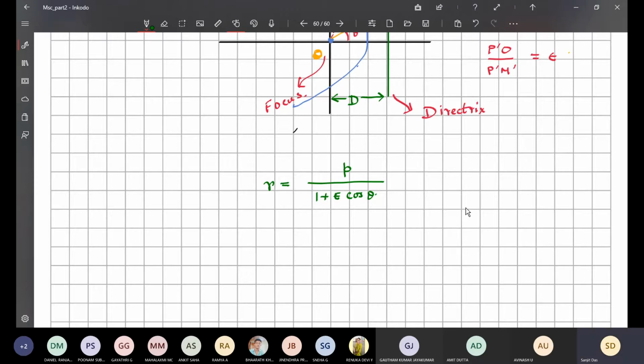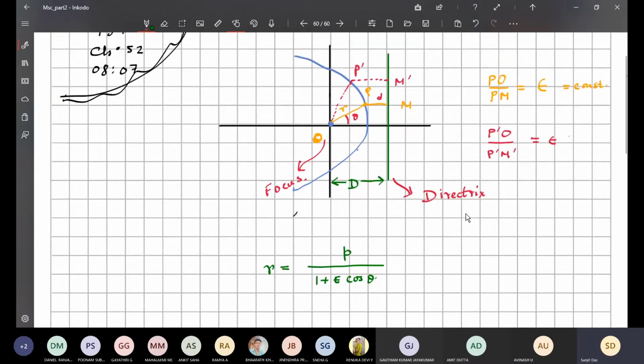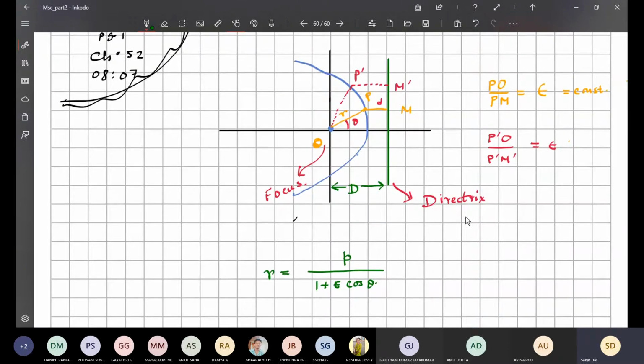So now can you guess which is small p by your knowledge of conics? What can be the small p here? Which length can be small p?